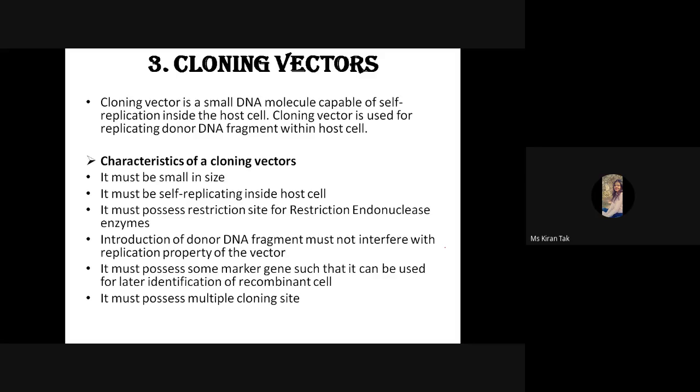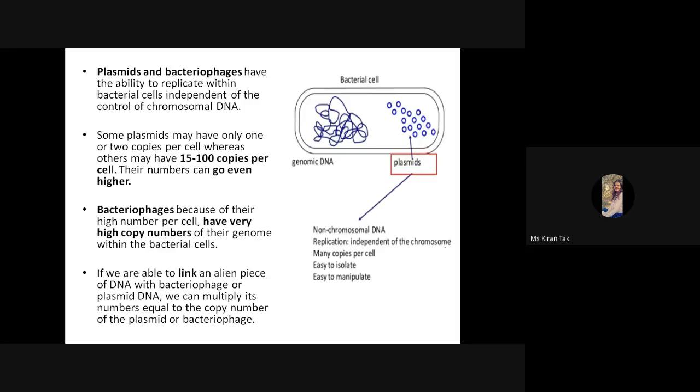After the recombination takes place, the selectable marker genes help us to identify the cells that contain this recombinant DNA molecule. And the last one is multiple cloning sites. In the case of a multiple cloning site, we can use a number of restriction enzymes to clone the gene of interest.